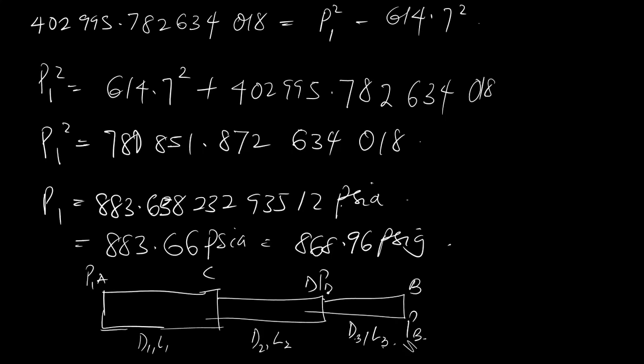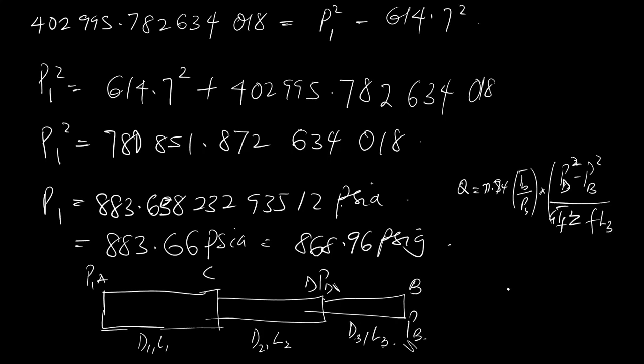Using that same equation, the flow rate is the same: 77.54 times TB over PB times PD square minus PB square divided by G TF ZF and the length L3, raised to power 0.5, times D3 raised to power 2.5.